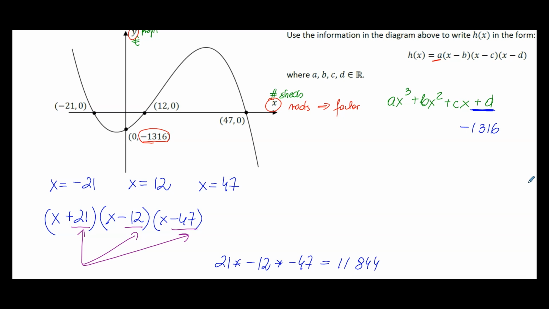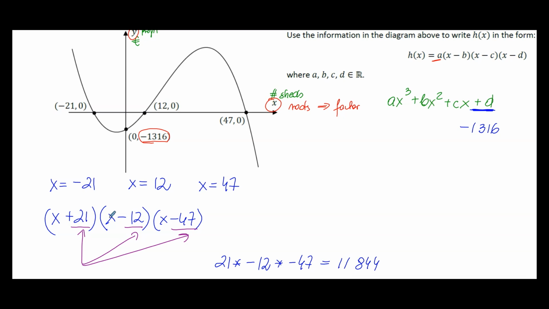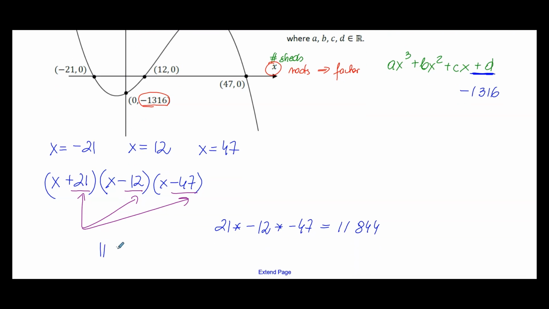That's the reason why here I'm going to be multiplying by another value. So basically, when I multiply these three values, I'm going to get 11,844, but there is a number here that is multiplied. And that number, when multiplied by 11,844, should give us minus 1,316.